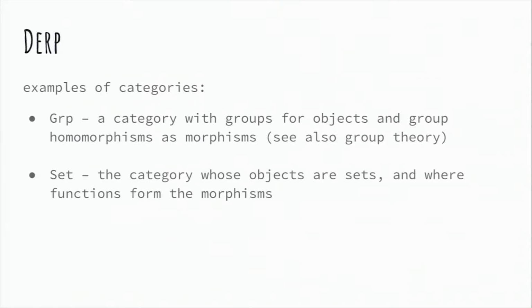And so I'm like, okay, but I still don't get what people use category theory for. And so there's 2 examples of categories. Group, which is a category with groups for objects, and group homomorphisms. And I heard of group theory somewhere in college, something to do with symmetries, but I don't really get it. But there's another category called Set.